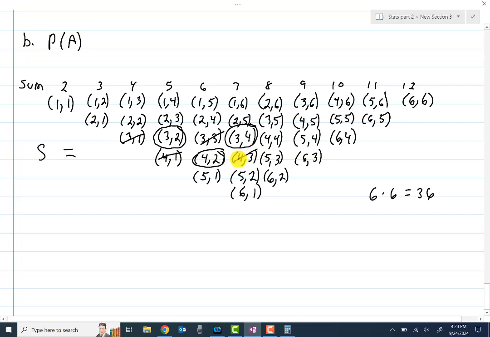I won't take that one. 4 and 4, I will take that one, but I will not take that one. 4 and 5 I will not take, but I will take 3 and 6. Let's see, 4 and 6 right here, I will take that. And that's about all of them. How many do I have total? 1, 2, 3, 4, 5, 6. So the probability that that happens is 6 out of 36.